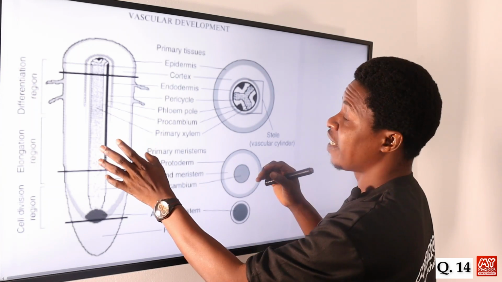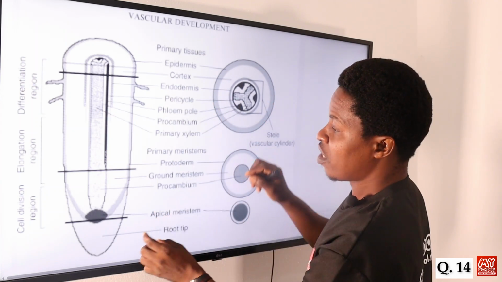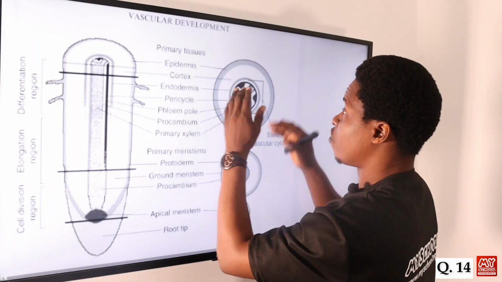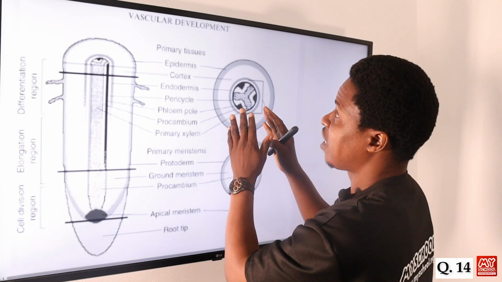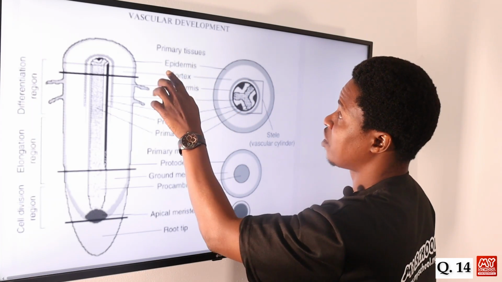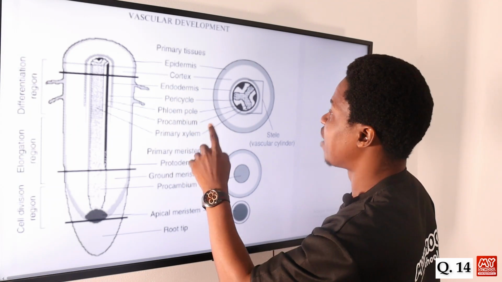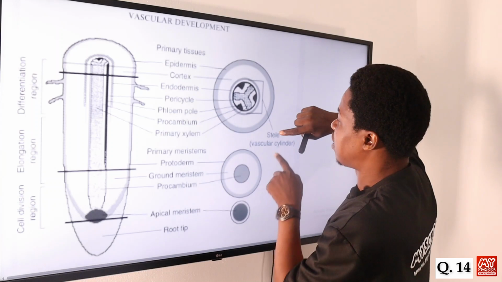So our area of concentration is actually here. A part of this was just cut off to be represented here so that you can see it clearly. So we have the primary tissues, which are the epidermis, cortex, endodermis, pericycle, phloem, and so on and so forth. So this is the stele here.